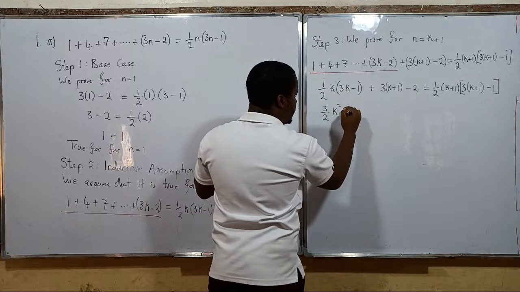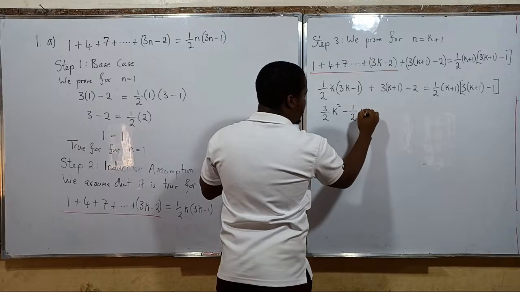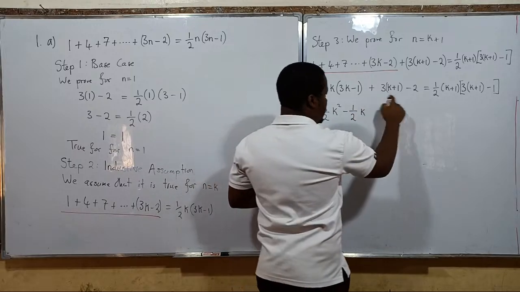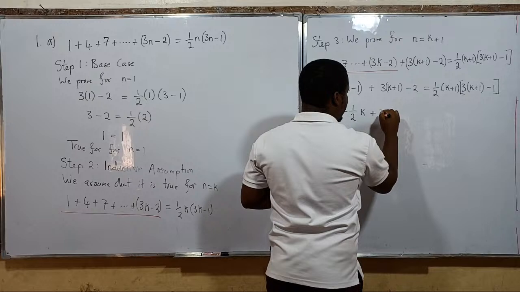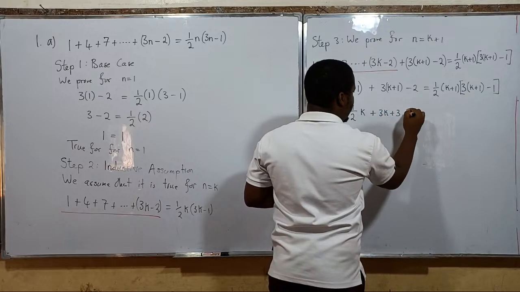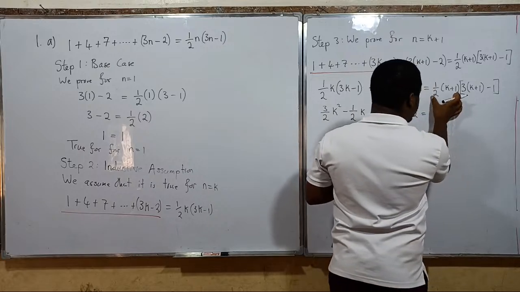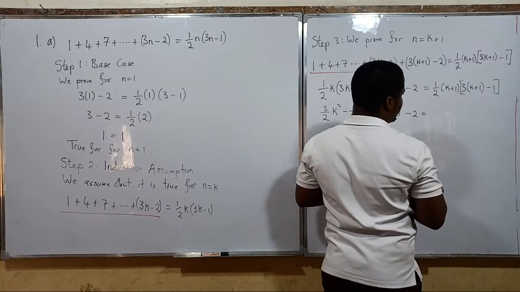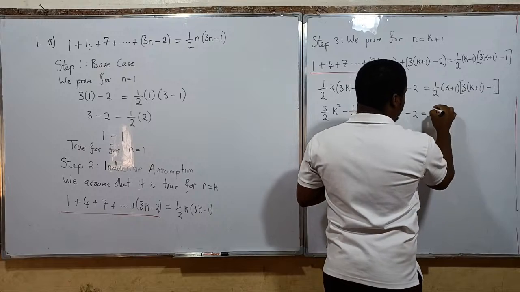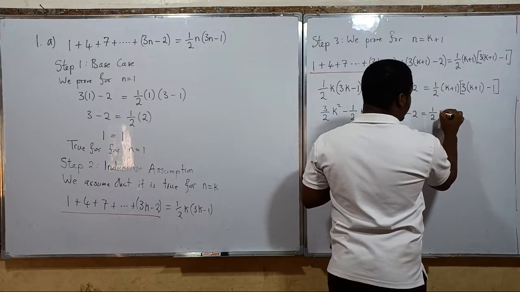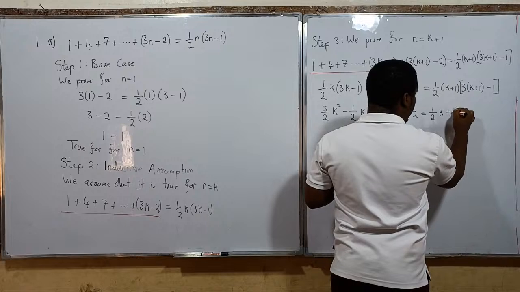Half k times 1 is negative half k. This part will simply be 3k plus 3 minus 2. This is equal to, so let's expand this first as it is. Is that okay? That's fine. We'll have half k, so half times 1 is half.